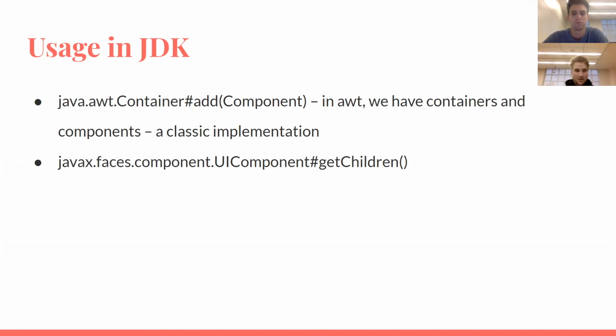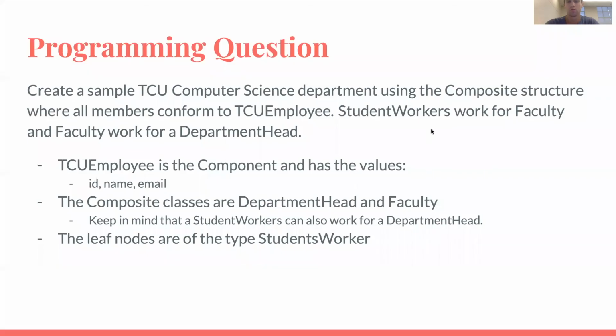And then also in JavaX Faces, there are UI components that have children of other components, so it's composite because the children can have other children, and there's just a tree structure whenever you're using a container of components.